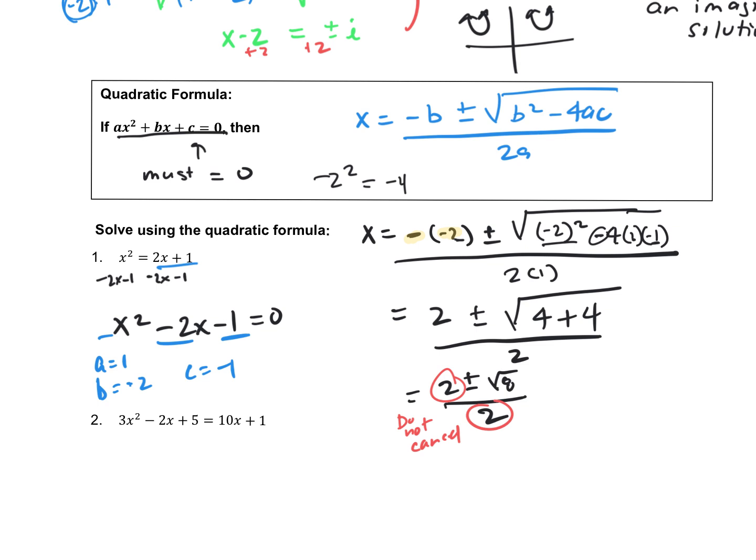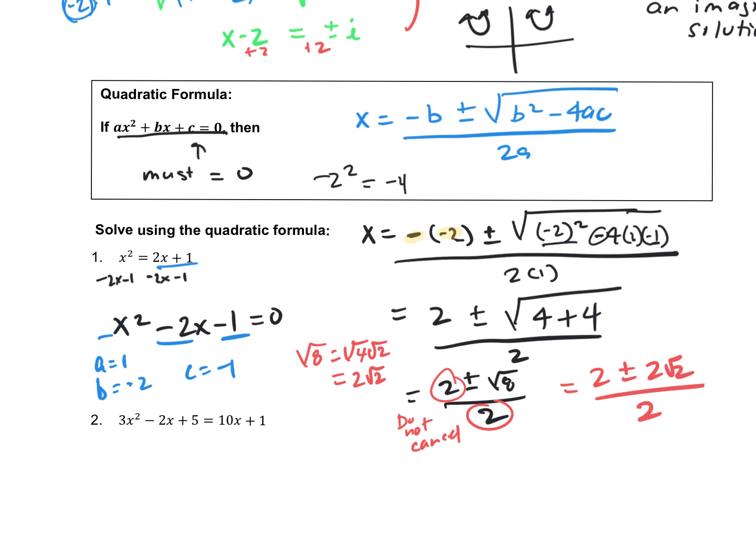Okay, so now what we want at this point is to simplify any radicals. So the square root of 8, I'll do it over here. Remember, it's the square root of 4 times the square root of 2. So the square root of 8 is 2 times the square root of 2. After a while, you might memorize them. So I have 2 plus or minus 2 times the square root of 2, all over 2.